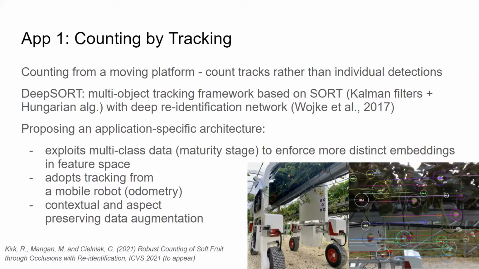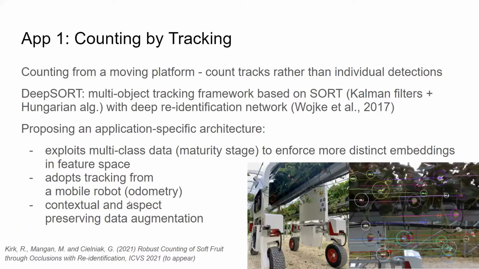The proposed technique is to add a multi-class component to that architecture, which takes into account the maturity stage of the fruit to enforce a better discrimination between the features. Yeah, so that's the core innovation.